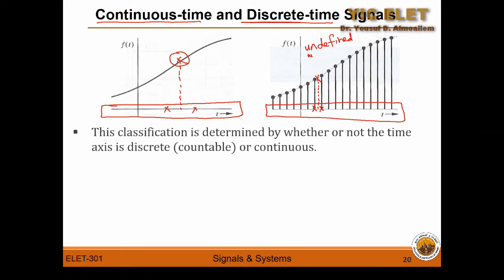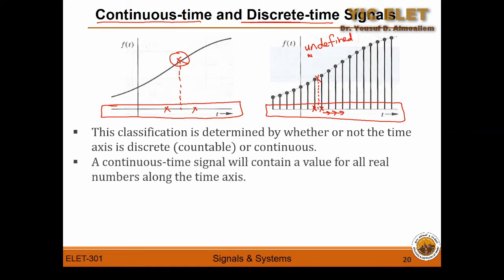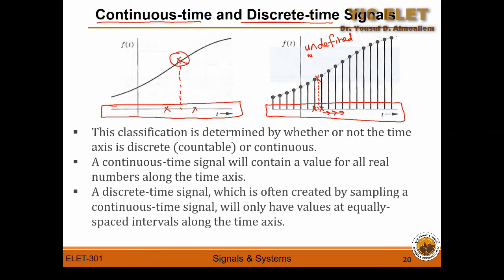It is defined only at certain points with a step size between them. So this is what we are talking about, discrete. Continuous time signals contain a value for all real numbers, and discrete signals have values only at certain sampling points. Those values are defined only at these certain points.